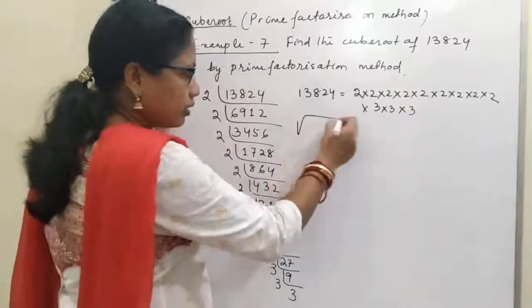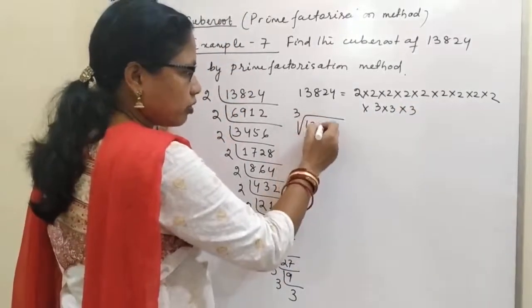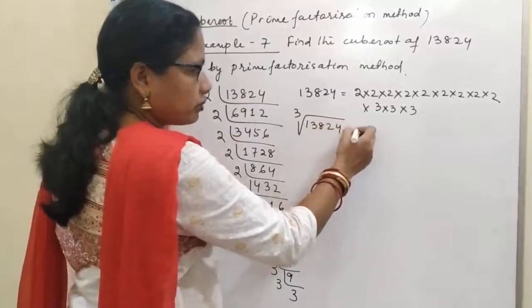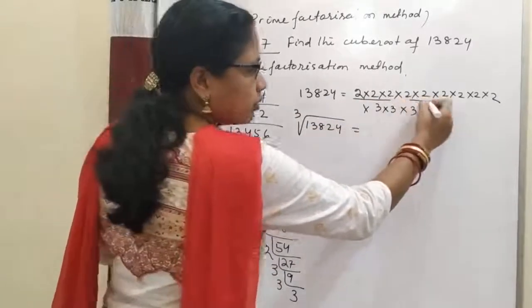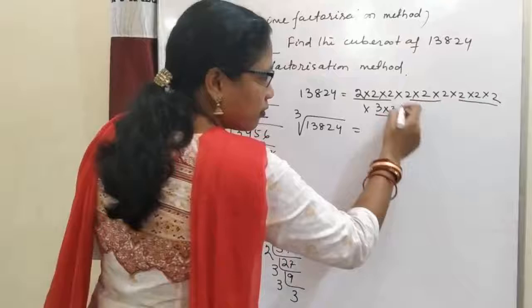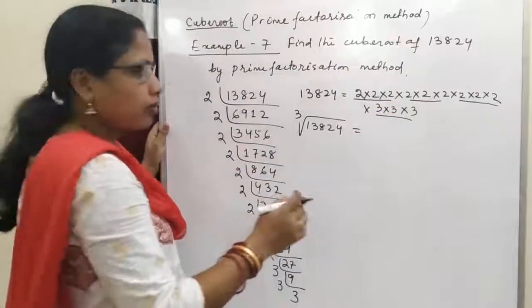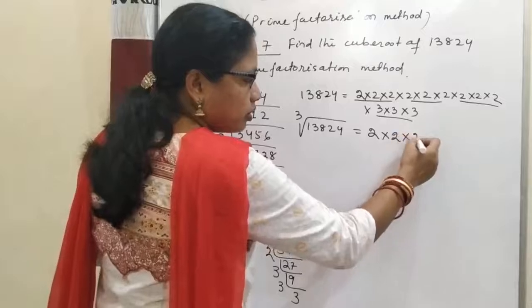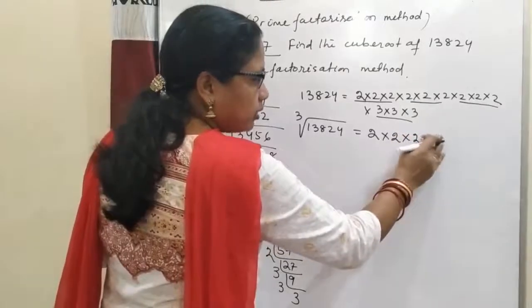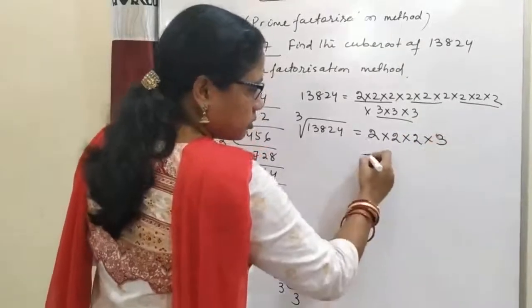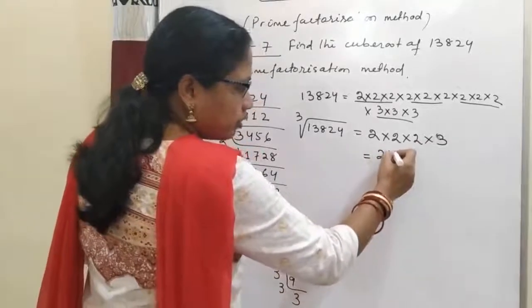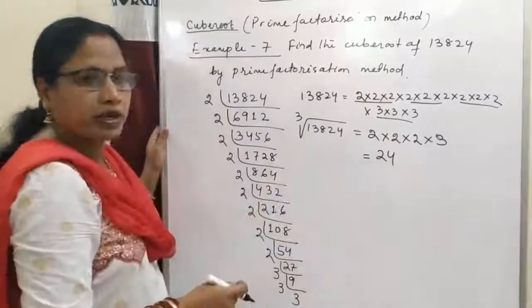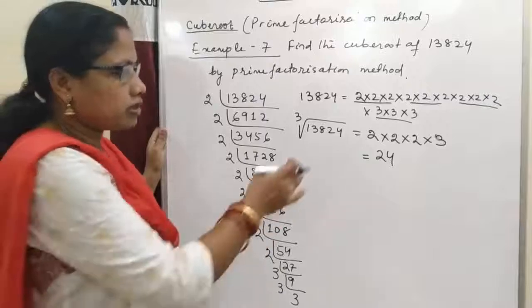To find the cube root of 13,824, we have to group them into 3 factors. From each group, we take 1 factor. So 2 multiplied with 2, multiplied with 2, multiplied with 3. So this is equal to 24. So the cube root of 13,824 is equal to 24.